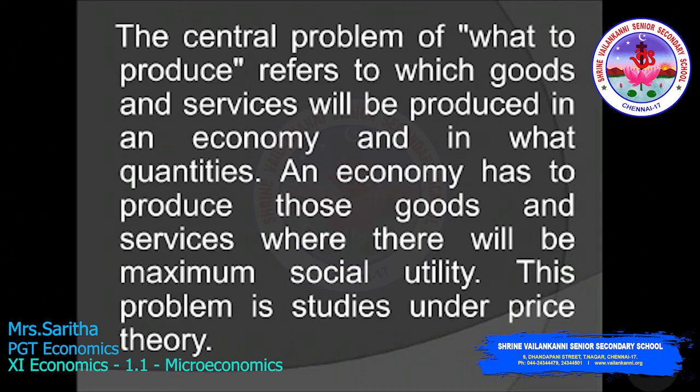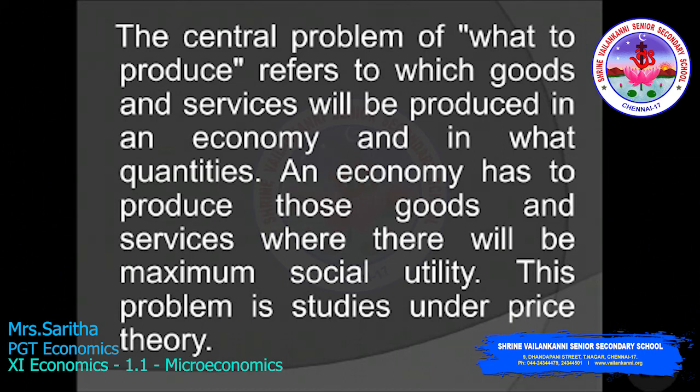So the economy has to decide which consumer goods, like rice, wheat, clothes, etc., and which capital goods, machinery, equipment, etc., are to be produced. Economy has to make a choice between civil goods like bread, butter, etc., and war goods, guns, tanks, etc.